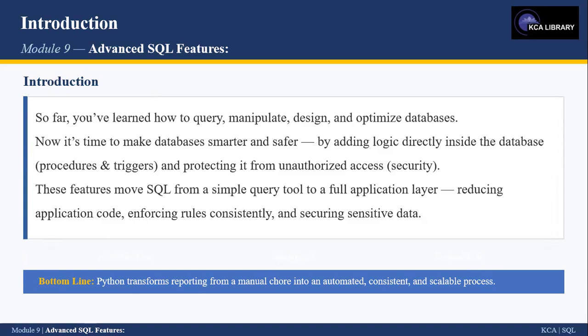These features reduce the amount of code you need in your application, enforce business rules consistently, and protect sensitive data. Procedures, triggers, and security turn a good database into a great, trustworthy, production-ready system.